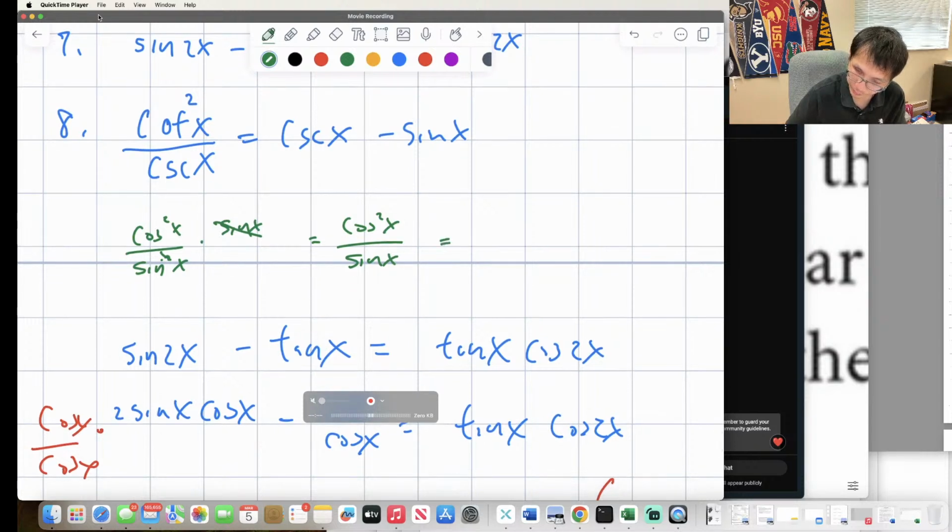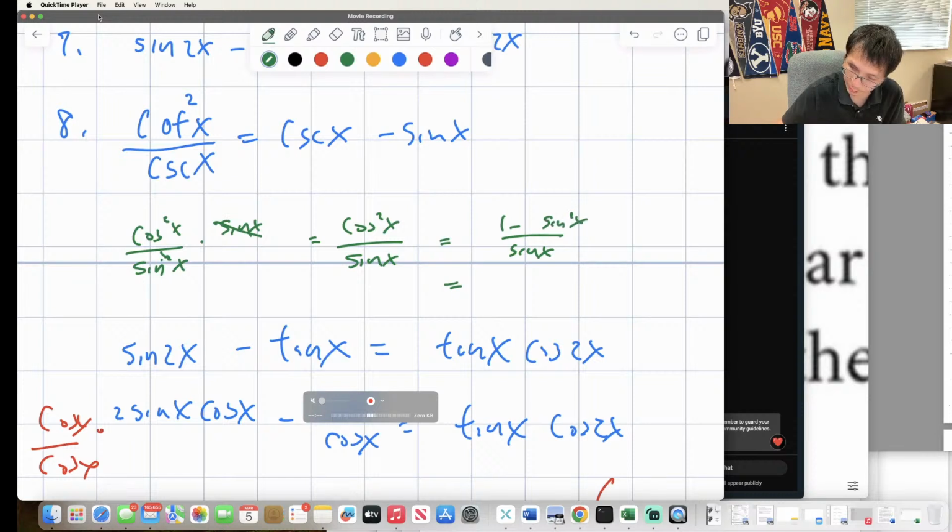And that's equal to 1 minus cosine square of x over sine of x. And that's equal to, wait a second, what did I do? No, this one should be 1 minus sine square, my bad. 1 minus sine square.